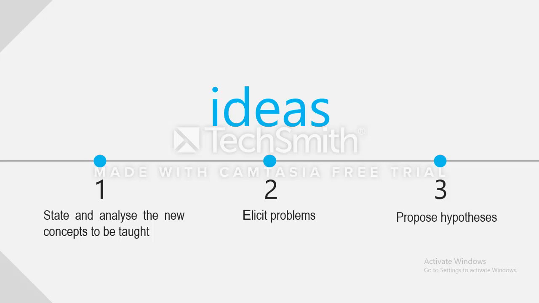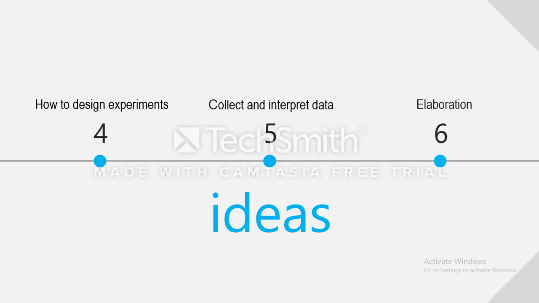Using learned physics concepts does not help students to explain it. And the third part, because I choose an experimental approach to the problem, students have to give their prediction. After that, students are required to design the experiment, collect and interpret data. The last part is elaboration.